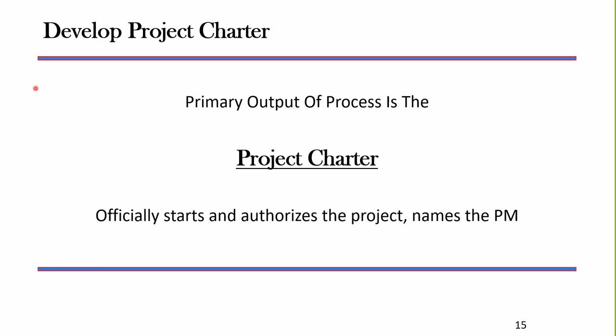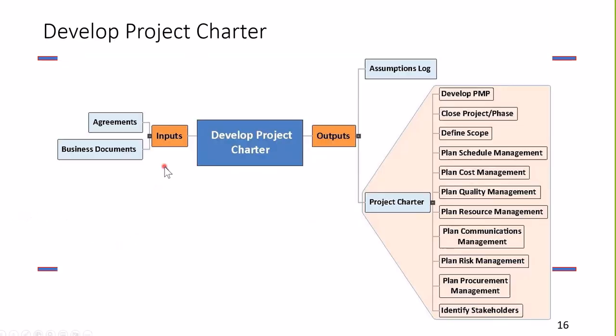It gives us a high-level description of the project. It gives us a high-level description of the deliverable, very high level. And it has other information in it also. This project charter is used to get this project kicked off. And you can see here the project charter is an input into these different processes in that 10 by 5 by 49. It kicks off the project.